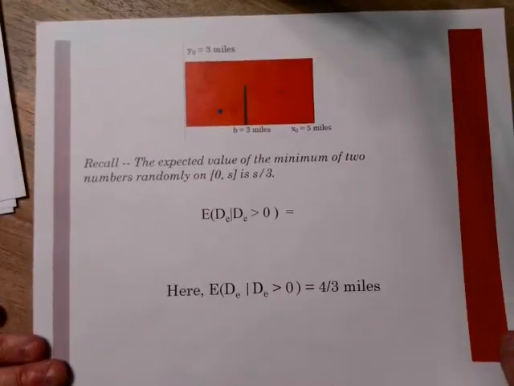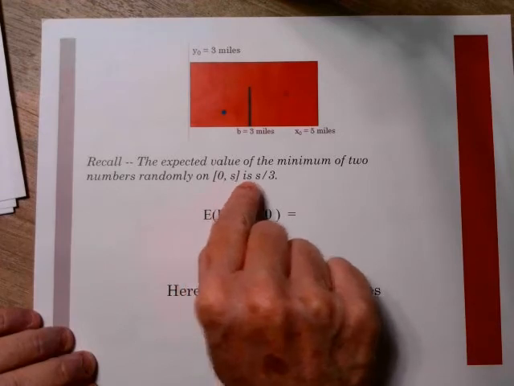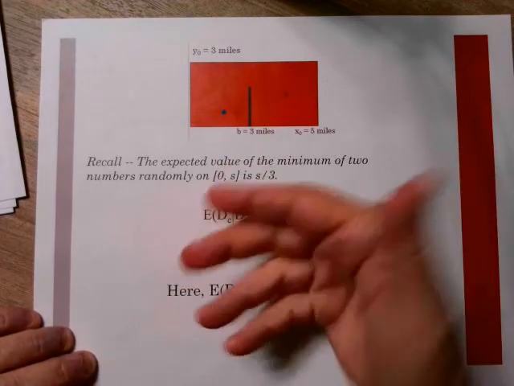Oh, I know why I have this, because we spent some time in the last lecture, and I think I put it on an exam, that the expected value of the minimum of 2 random numbers on 0 to s is s over 3. That's just the general representation.